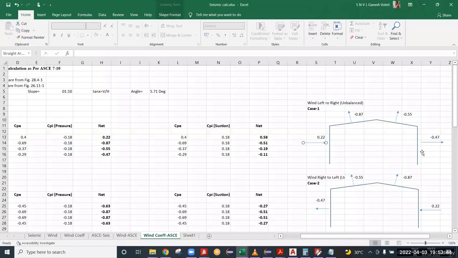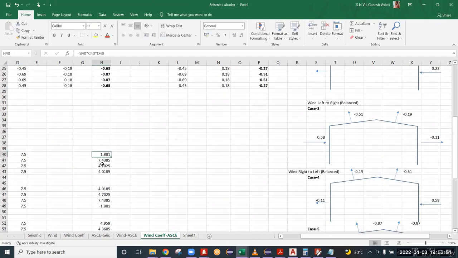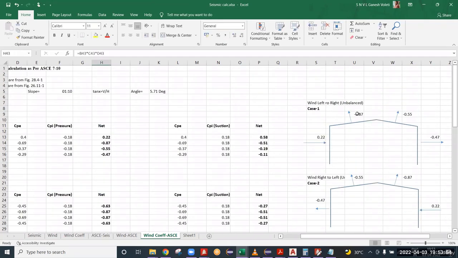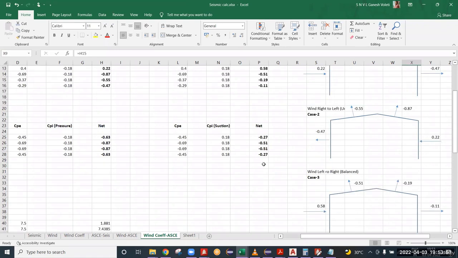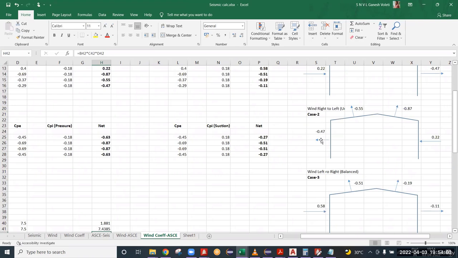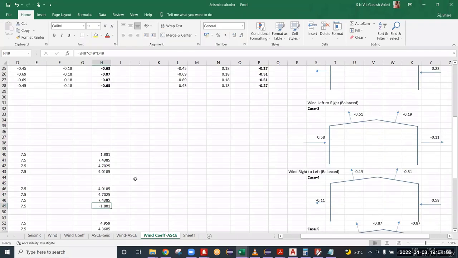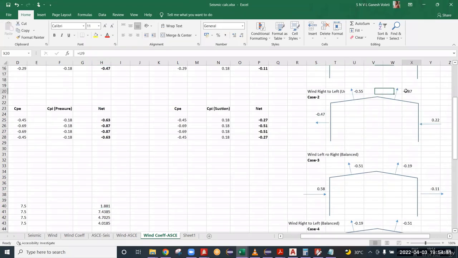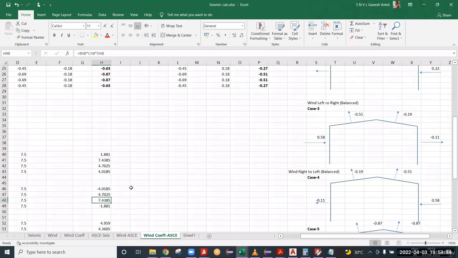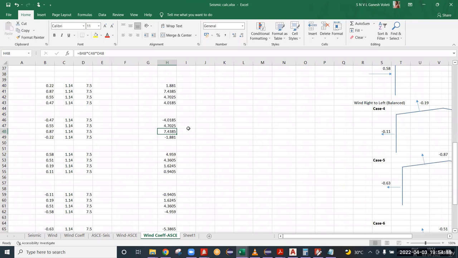So that is why, if you see here, these two are acting in the positive x direction, so I have taken positive values. These two are also acting upwards, and y is positive upwards, so I have taken positive. But in the second case, these two are acting in the negative x direction. That is why the first and last values become negative. Middle values become positive because those will anyway be acting upwards, right? That is how we have to change the directions as per the STAAD convention.